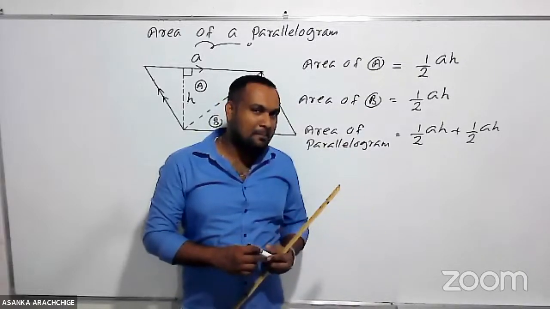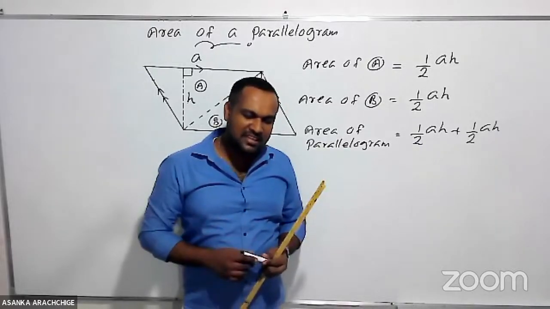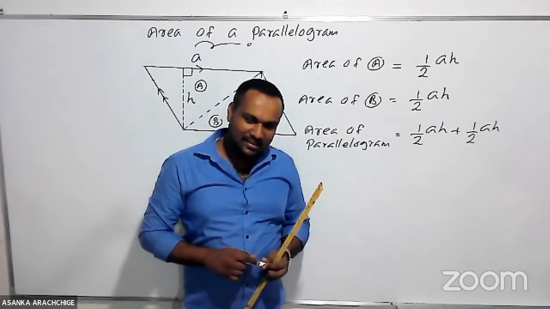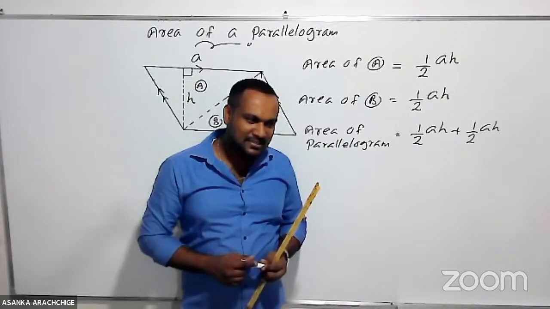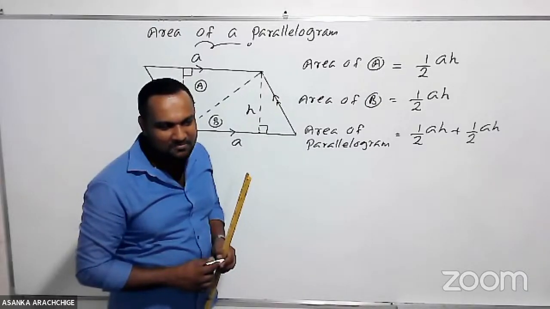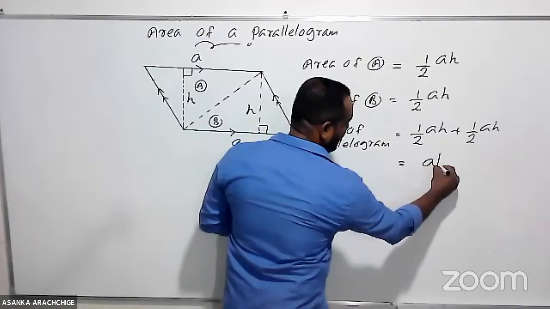Half of a chocolate plus half of the same chocolate, 1 chocolate. Half H plus half H, H. That is equal to AH.